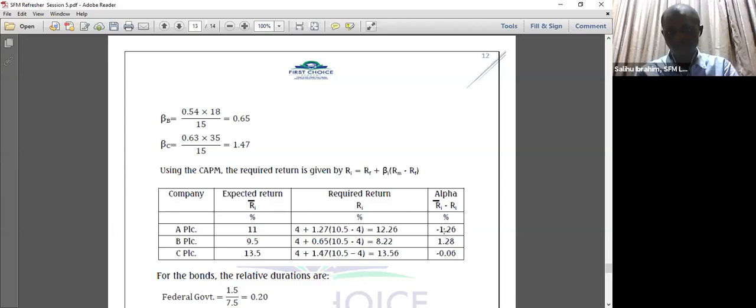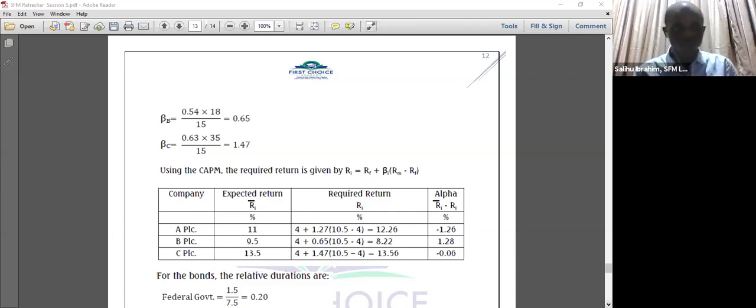So here we have minus 1.26, 1.28, and minus 0.06. So which of these three companies' stock is offering positive abnormal return? Which of them? BPSC. So BPSC stock is offering positive abnormal return.